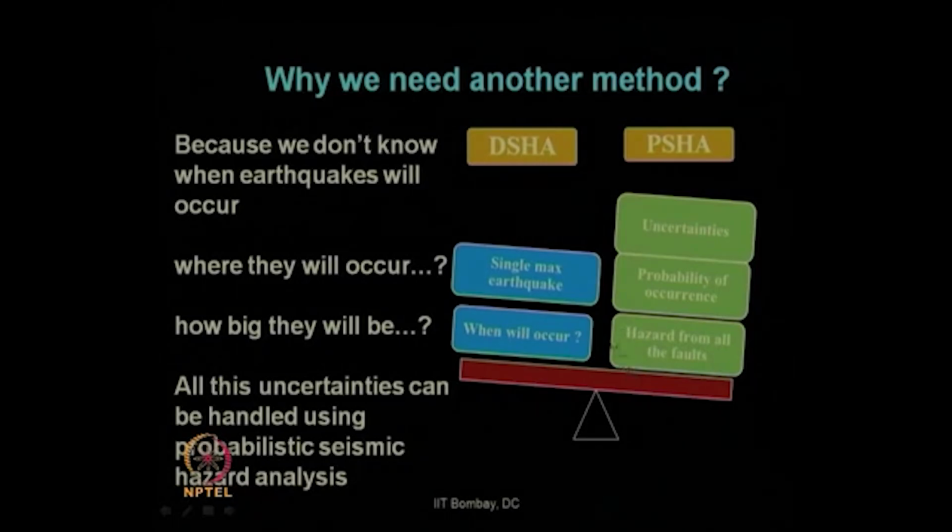It has to be taken with different magnitudes based on the probability or uncertainties involved. Like here in DSHA, hazard is taken from all faults, but we have considered all faults equally responsible, but it cannot be. So, PSHA considers all these uncertainties, that is the advantage of PSHA over DSHA, if we compare like this.